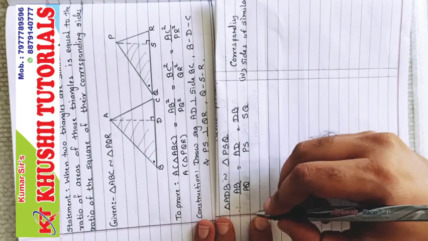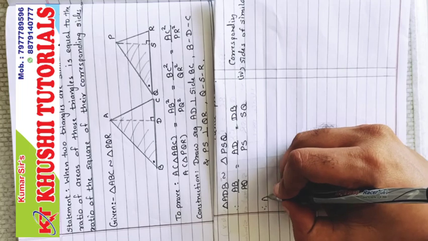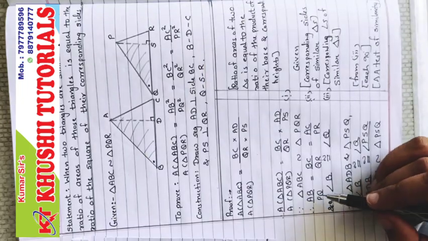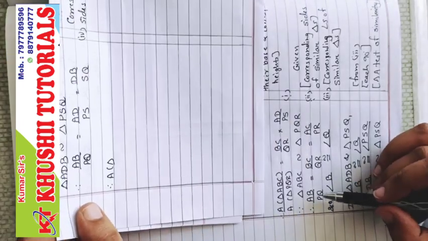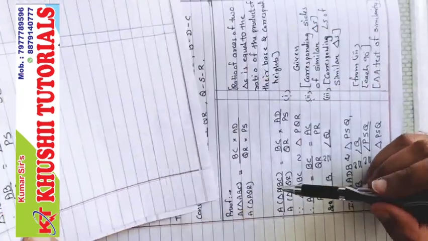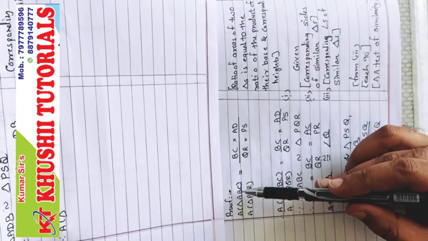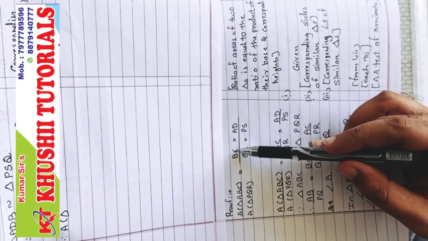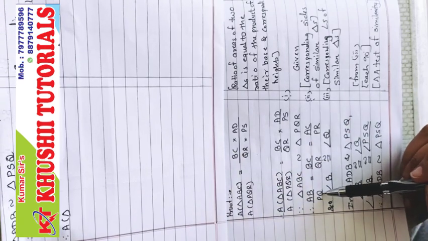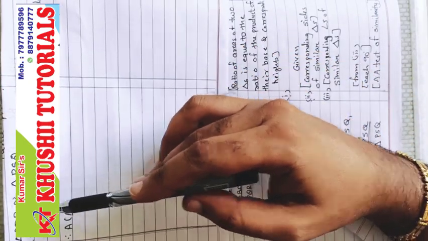Now therefore, area of triangle. Now we know AB upon PQ is common. In triangle ABC and triangle PQR, BC upon QR we can write as AB upon PQ, and AD upon PS we can write as AB upon PQ.